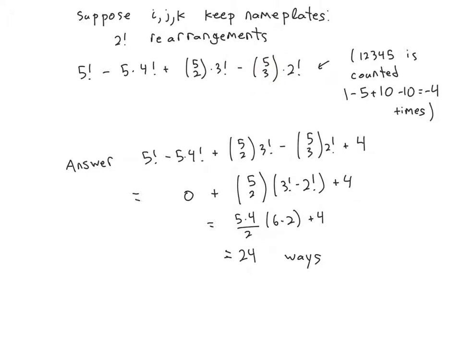But now we see that this remaining permutation is counted the wrong number of times, the one where everybody keeps their nameplate. It pops up once here, 5 times, once for each time you pick one of these numbers in the second term, 10 times in the third term for any way to pick any 2 of these as fixed points, and then 3 times in this last term for any way to pick 3 of these fixed points.